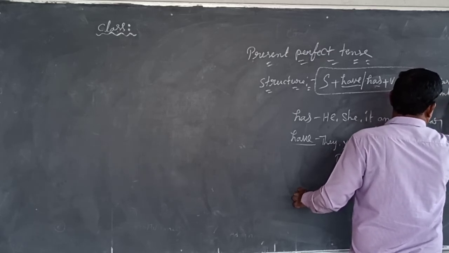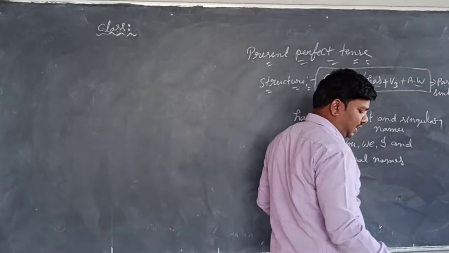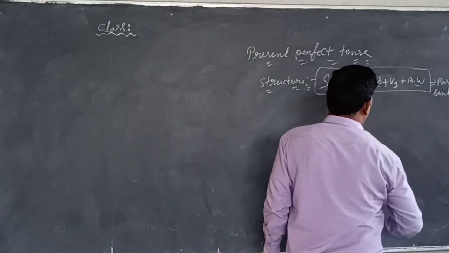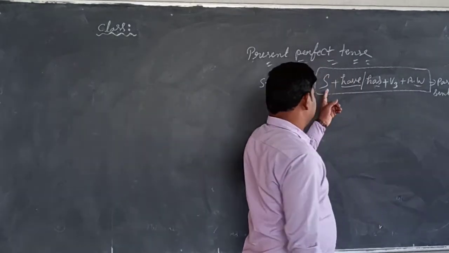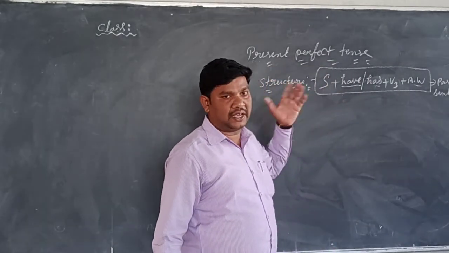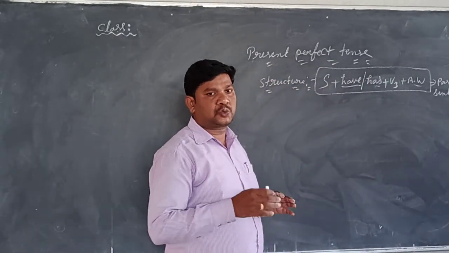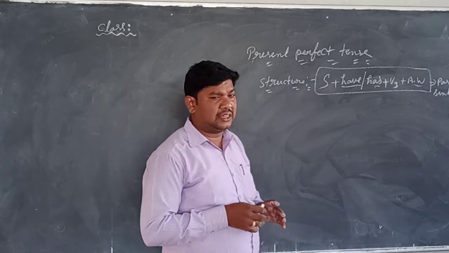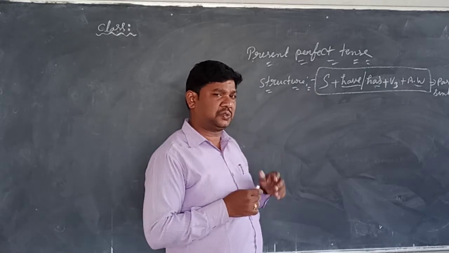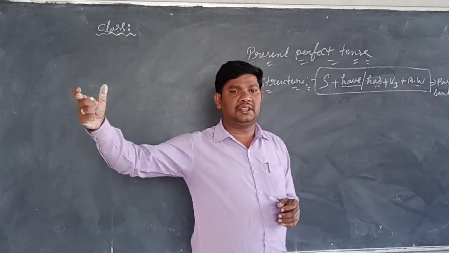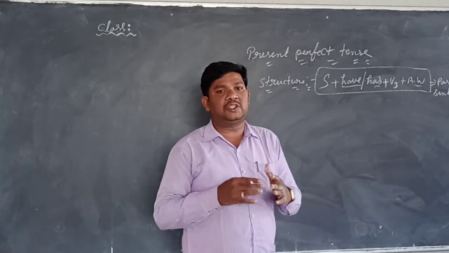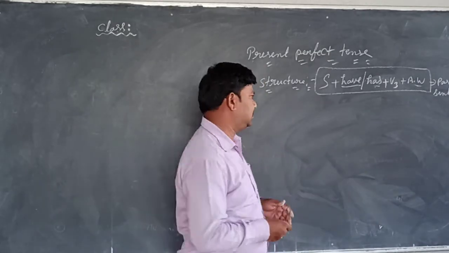To make a negative sentence, for example, I give you one sentence: I have spoken to her just now. This is a positive sentence. Then how to make a negative sentence for this one? For example, the negative sentence: I haven't spoken to her just now. That is the negative one.